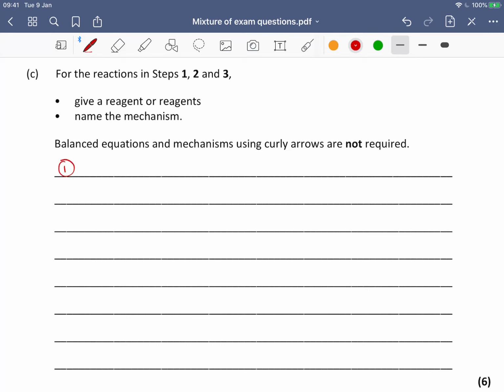All right, so step 1. We go from an alkene to a haloalkane. That has got to be electrophilic addition. We've gone from ethene to chloroethane, or at least in my version, that's what I've done. So the reagent has to be HCl. Step 2.